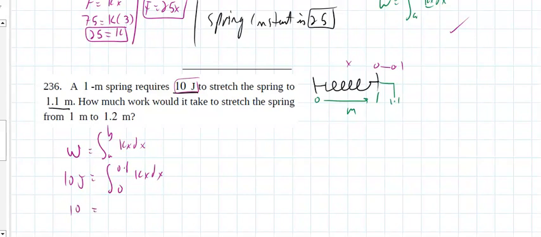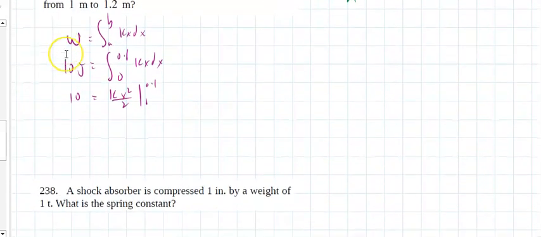10 equals kx squared divided by 2 evaluated from 0 to 0.1. 10 equals k divided by 2 times 0.1 squared minus 1. Wait. That should be a 0, right? Okay, that makes more sense.